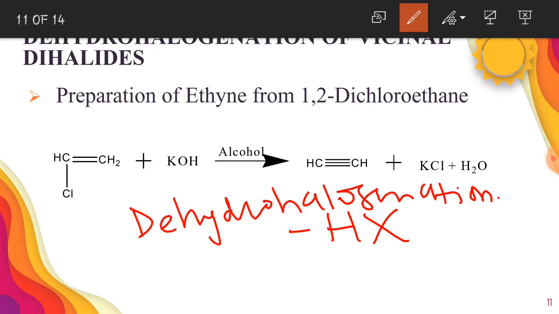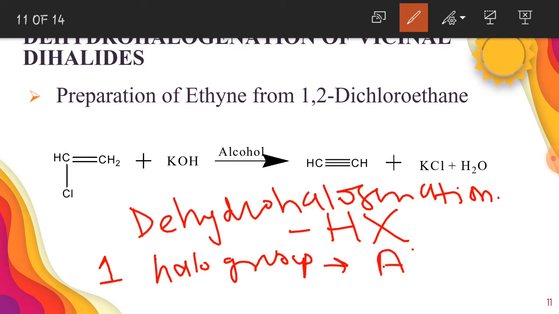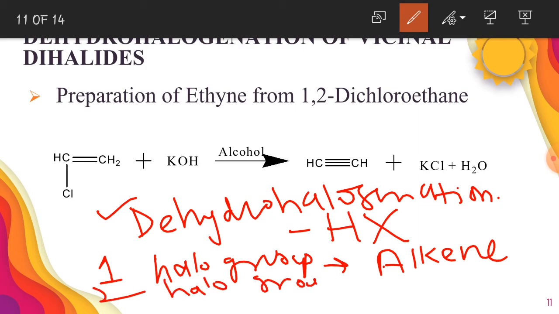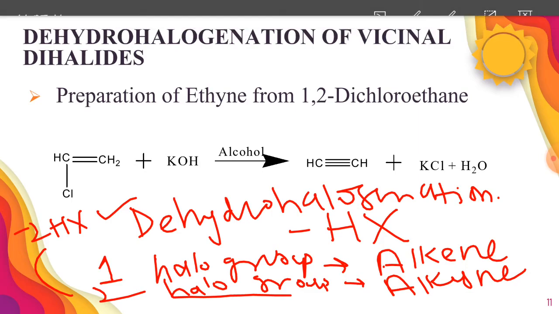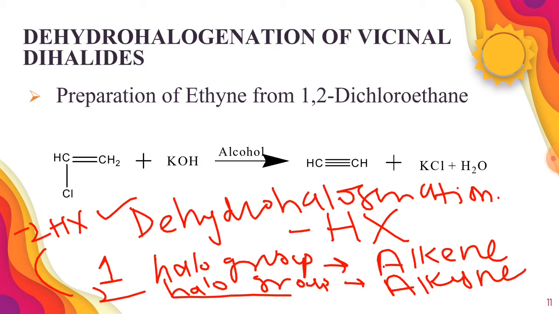So if you have one halo group in an organic compound, then it will result in the formation of an alkene with the process of dehydrohalogenation. However, if you have two halo groups in an organic compound, then this reaction will end by forming alkynes, because these two halo groups will be removed in the form of HX. So this was one of the methods through which we can prepare alkynes.